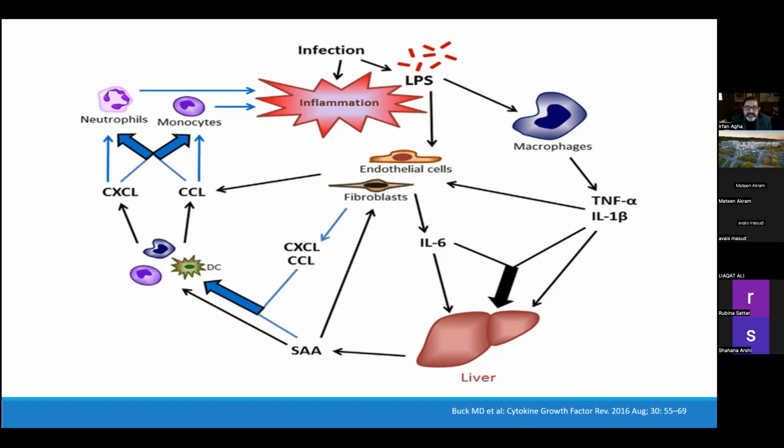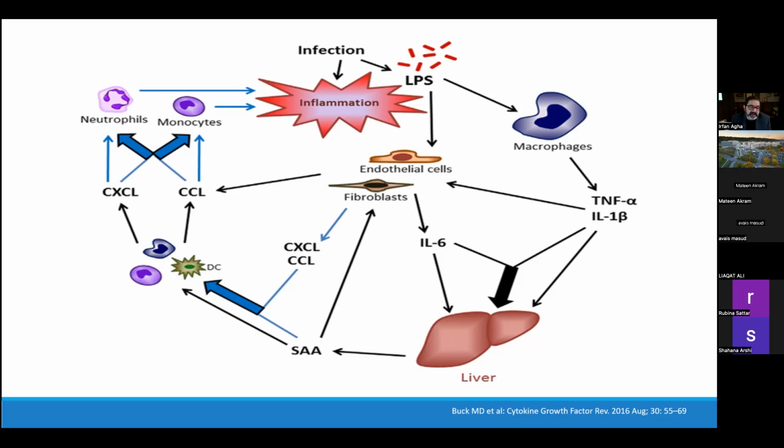When interleukin 6, interleukin 1, and TNF alpha are in the circulation, they are very strong elaborators of acute phase reactants, because this tells the body something's wrong, there's a threat. And this protein called SAA, serum amyloid associated protein, comes out.